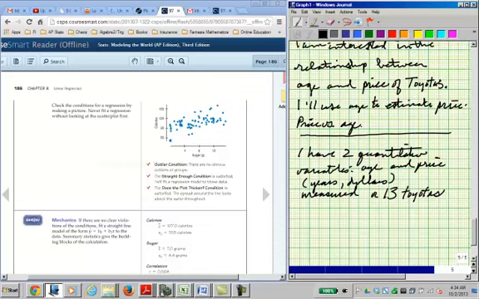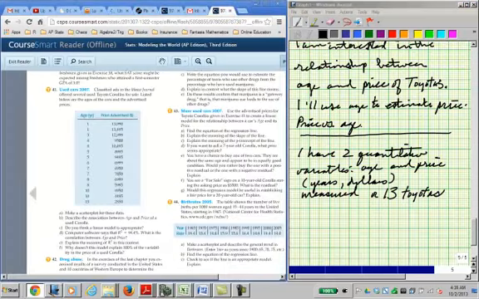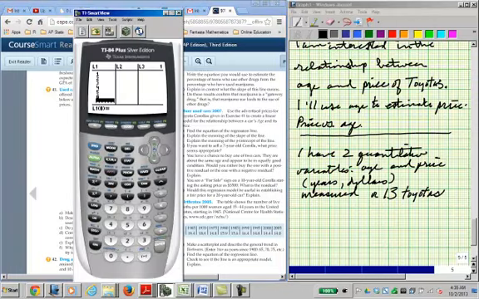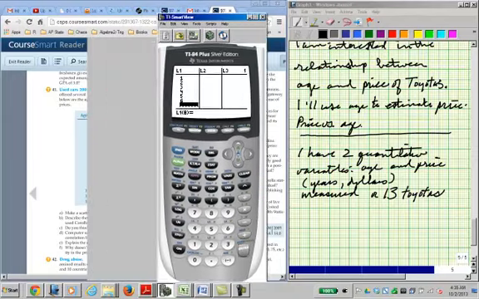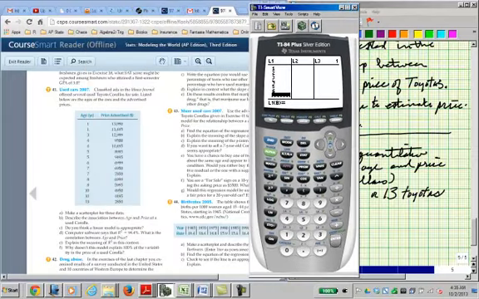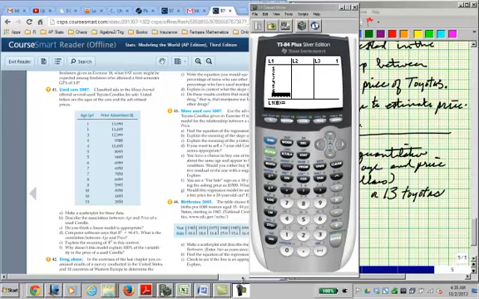So now we'll go back to the problem. Look at the calculator, and we'll make a picture. And I'm going to pause here while I do that.